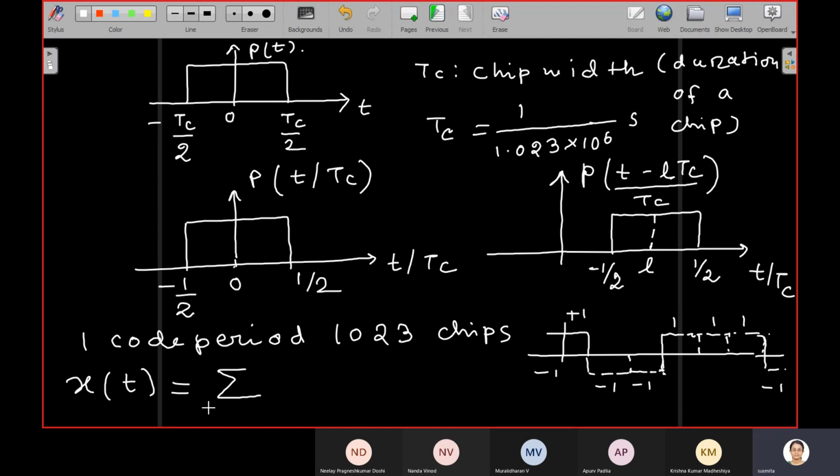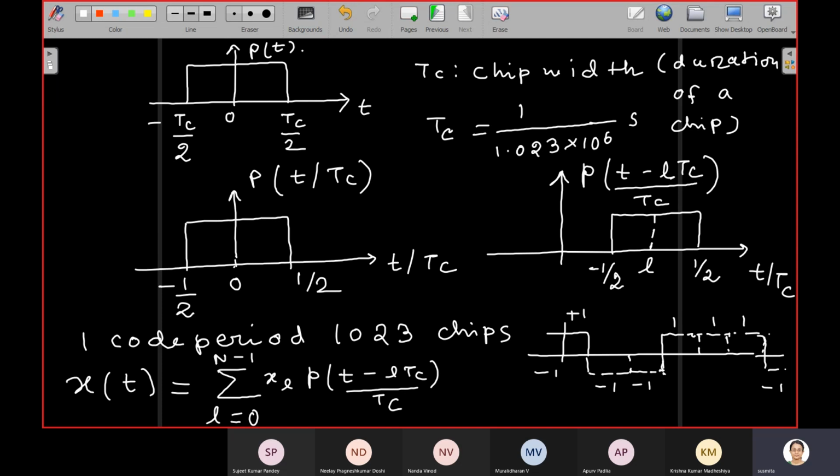And we'll mathematically represent it as follows. For the time being, ignore this x. You just see what I have done.